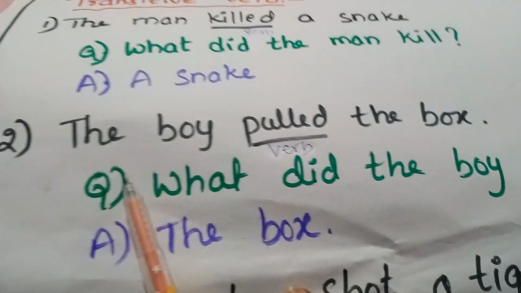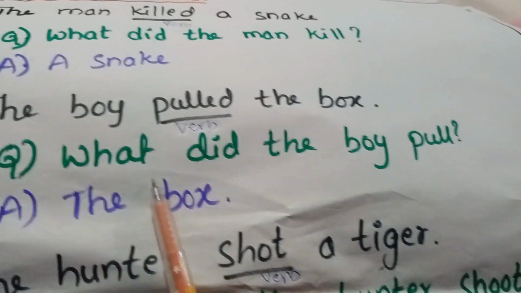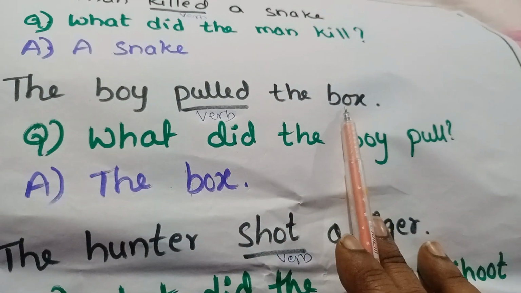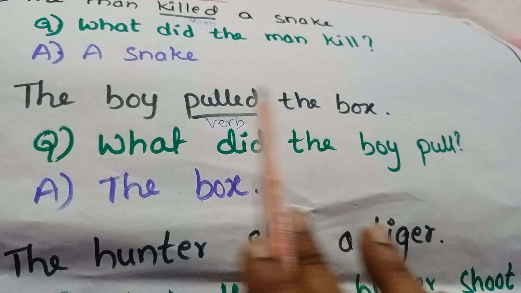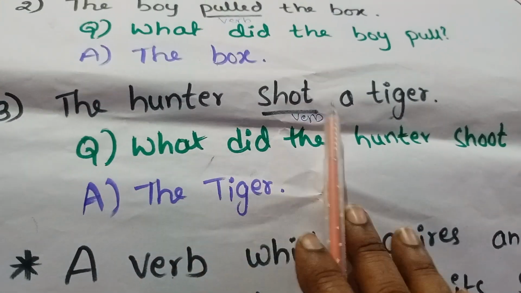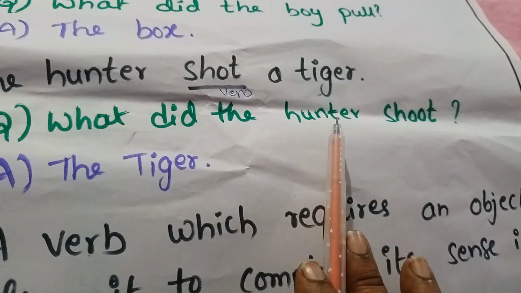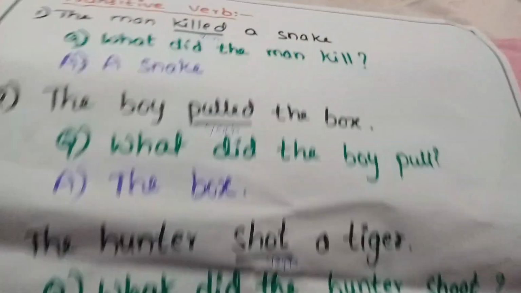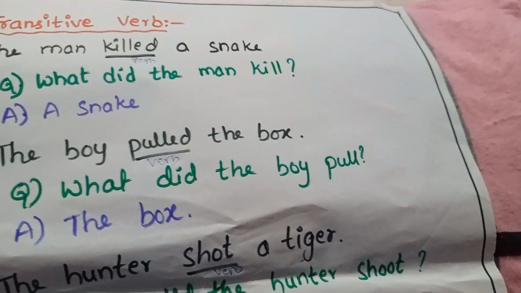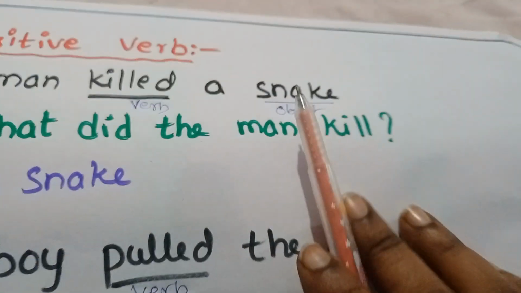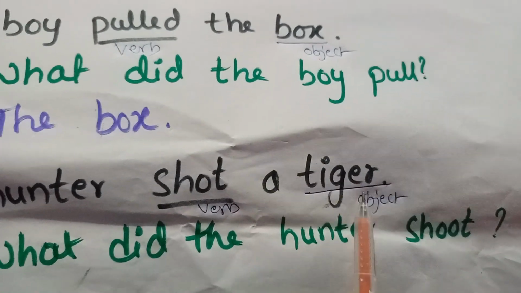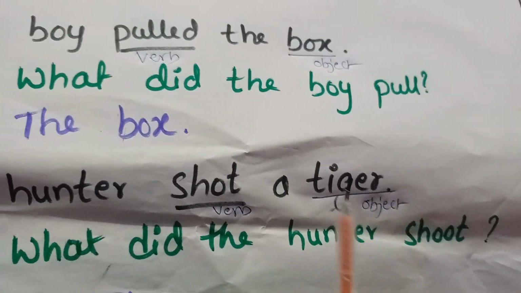Next, the boy pulled the box. What did the boy pull? The box. Here object box is needed. The hunter shot a tiger. What did the hunter shoot? Answer is the tiger. So, in these three sentences, objects snake, box, tiger are needed.